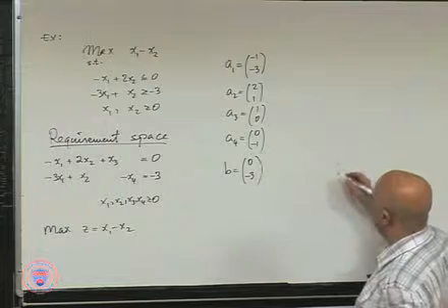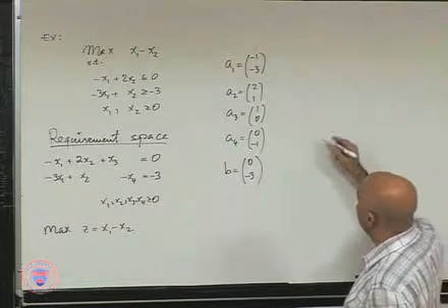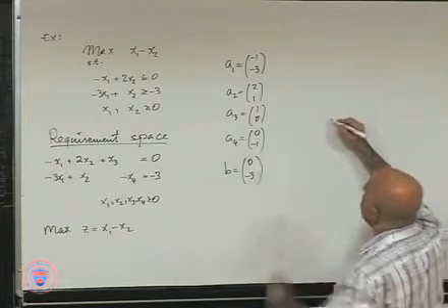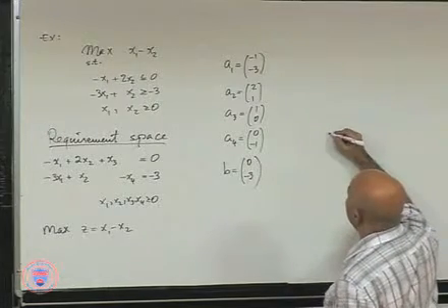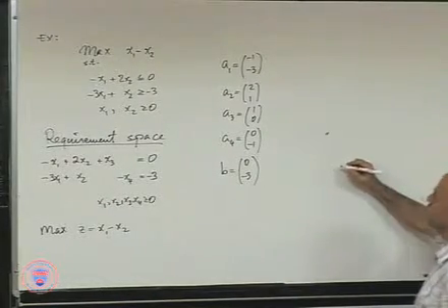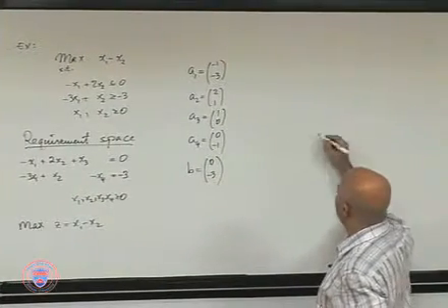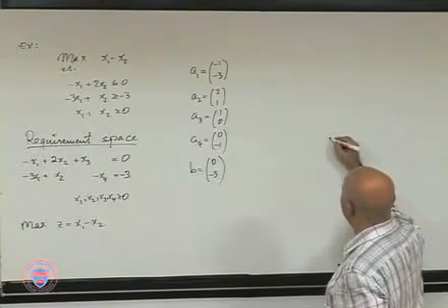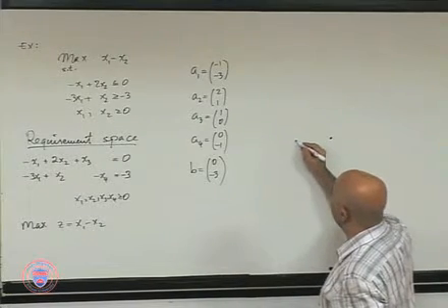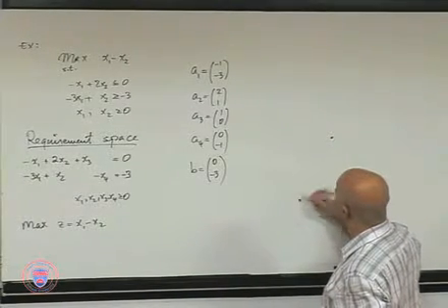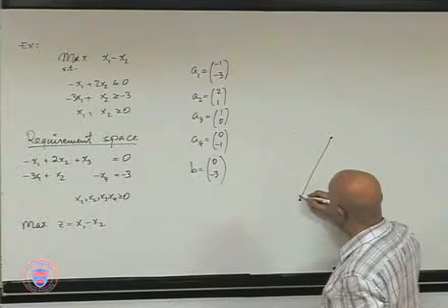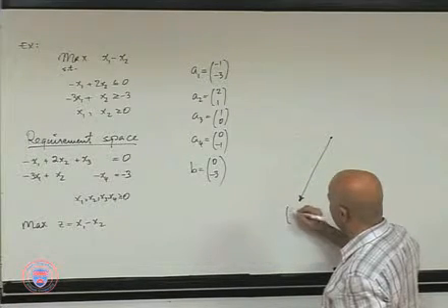Well, let's just plot them and see. If I assume this to be the origin, minus 1 this way, minus 3 that way. So this is my first vector.